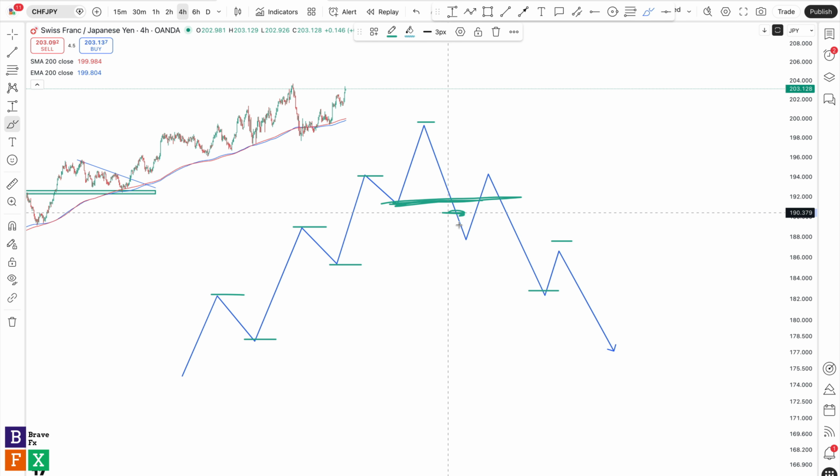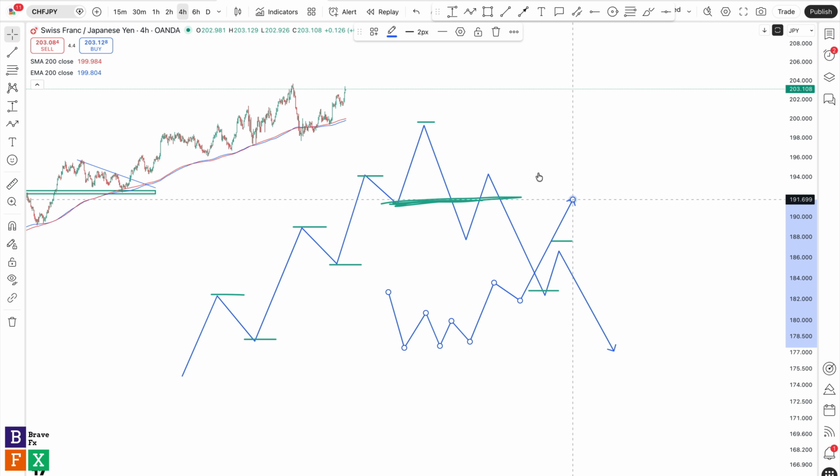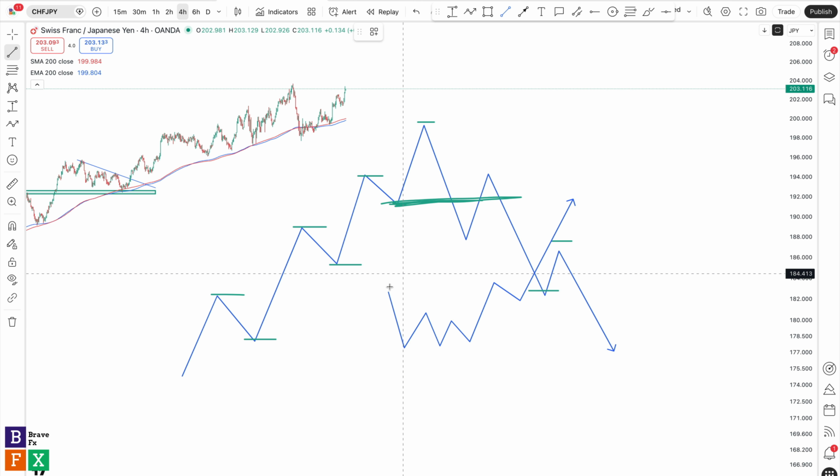They start looking for opportunity to go short. This is wrong because you have no idea if the market is going to do something like this. I'm going to show you something really quick. The market could simply be creating something like this, right? A reversal pattern, right? So how do you know we are not getting a reversal pattern like this in continuation of the trend?